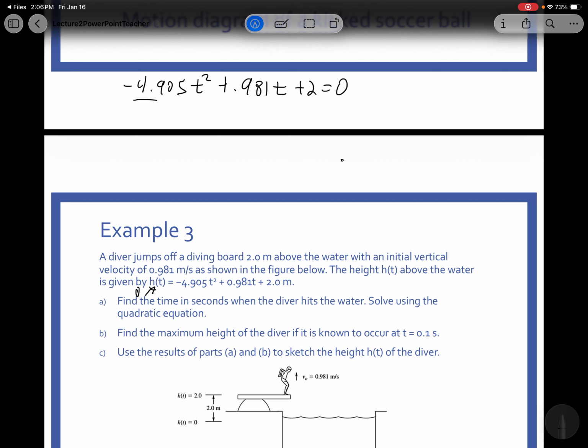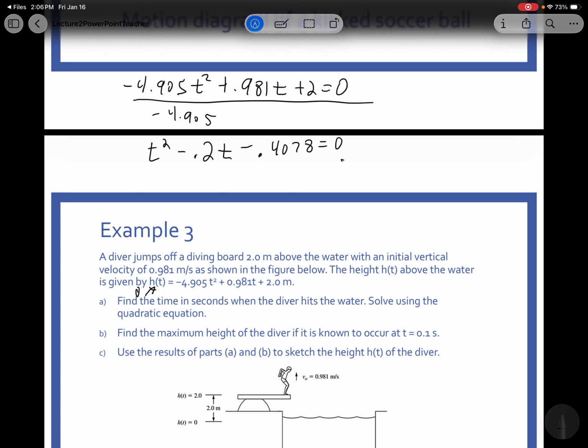So if we divide the entire equation, both sides, by negative 4.905, we end up getting t squared minus 0.2t minus 0.4078, and that would equal 0. So we divide every term, and then the right-hand side as well. 0 divided by negative 4.905 would still be 0.